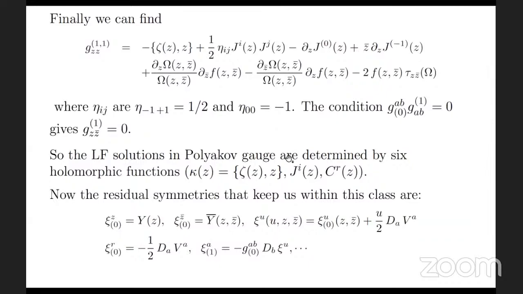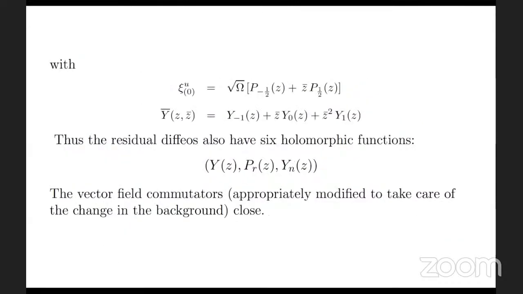Okay, so finally, once I have restricted my locally flat solutions using the variational problem and gotten a subset of locally flat solutions, what are the diffeomorphisms which keep me within this class? And the answer is that those diffeomorphisms also have 6 undetermined holomorphic functions.